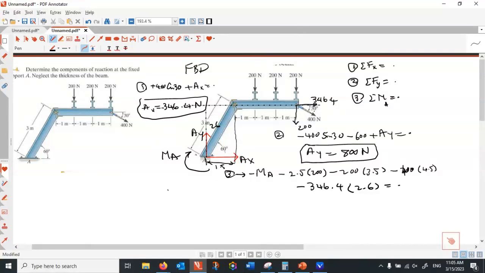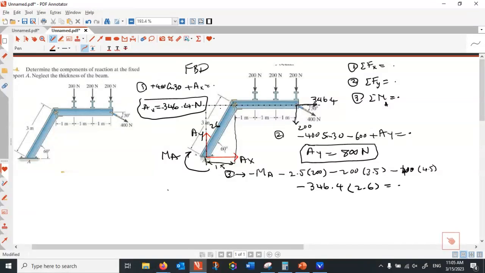If you project 400 horizontally, that is 400 times cos 30, and that becomes 346.4. So that's the only horizontal forces. Both of them are in the positive direction. So you add AX plus 346.4 equal to 0. And by solving that, AX is minus 346.4 Newton. Correct?